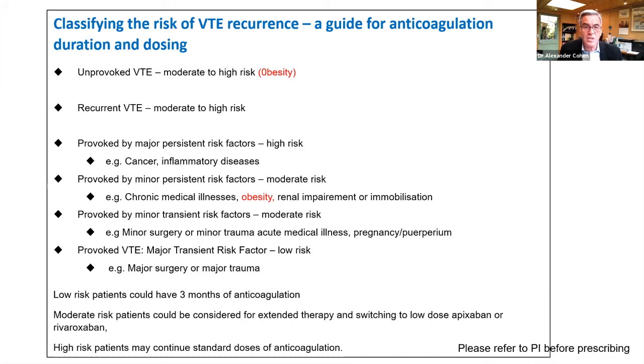And actually obesity fits into all of this, because most overweight patients with obesity just get called unprovoked VTE. They're not called provoked by obesity, but occasionally some experts say, well, that obesity is a minor persisting risk factor, and they're at moderate to high risk, and they're the patients you should consider for prolonged anticoagulation, and they'll miss out.